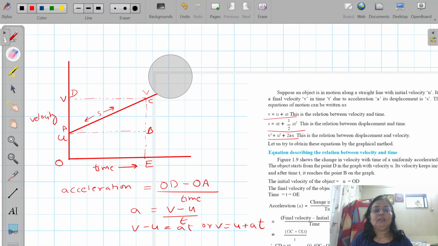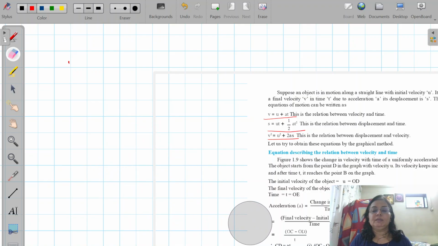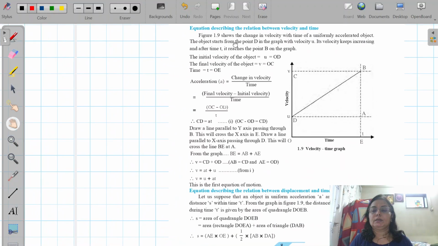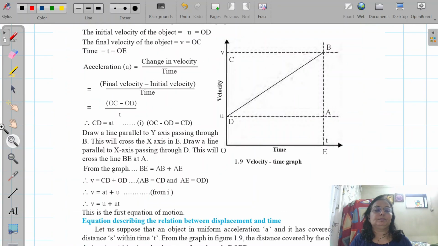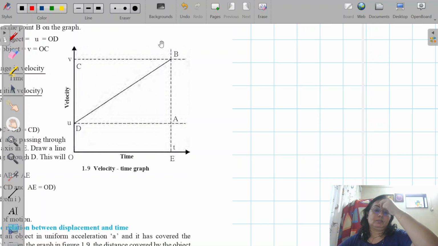Let's move on to the second equation of motion, which is s is equal to ut plus half at square. Now if you look at this graph, what is the distance travelled?